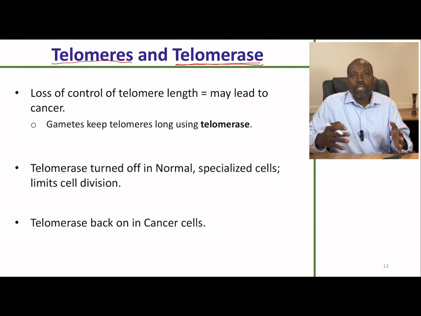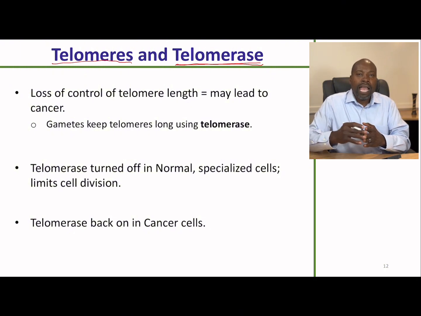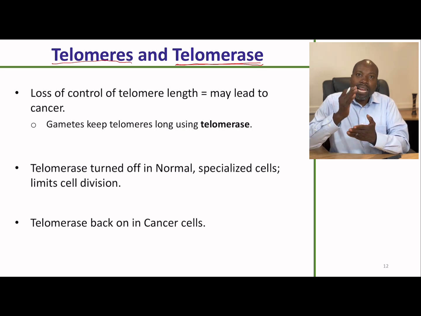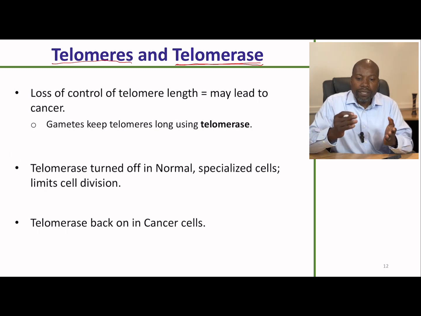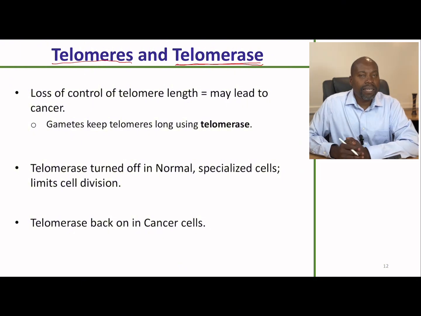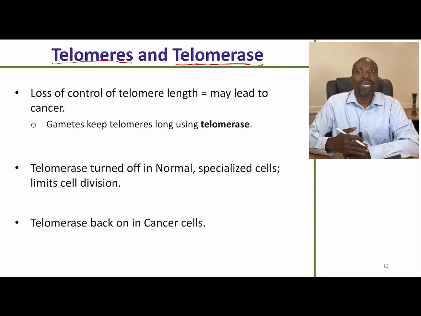And then you have birth and the growth process. From birth on, telomerase is technically not very active anymore, right? So the cells will now start dying off, okay? Dying off because of the limit on how many times they can divide, okay?